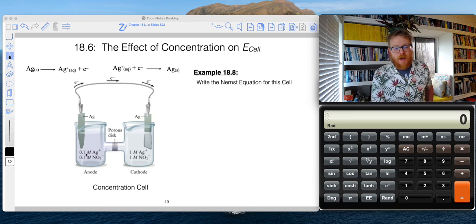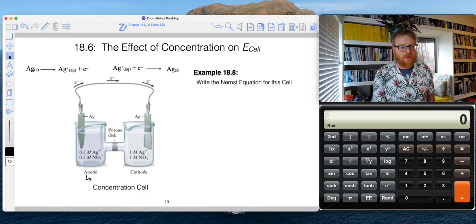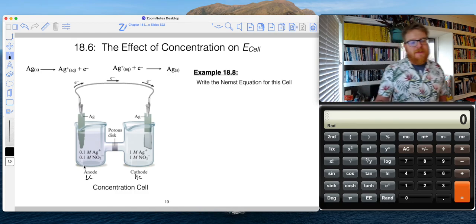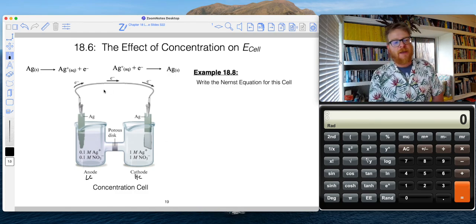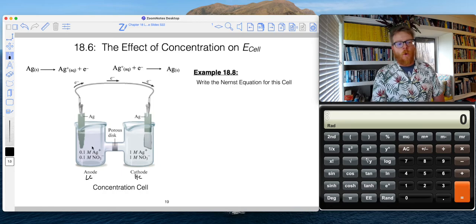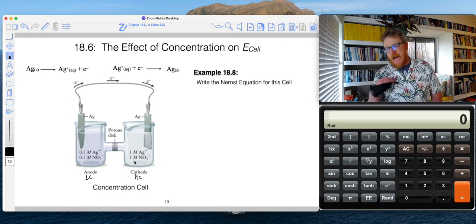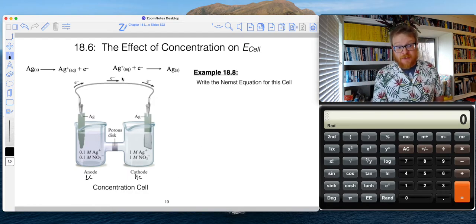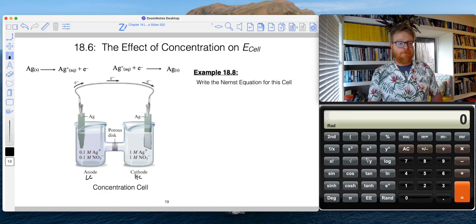However, if one of them is much lower in concentration than the other, then the one with the low concentration, so I'll say LC and HC, will serve as the anode, and that's due to what we call a chemical gradient. So the electrons are going to want to flow to the higher concentration silver because there are more of these silvers on this side to suck up those electrons, okay?